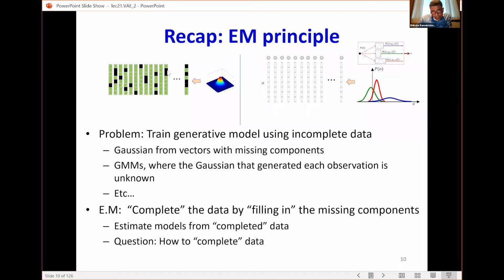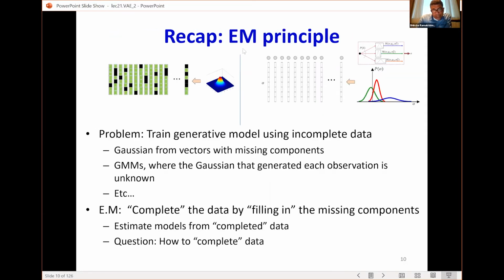So it would fill in these black values over here, or it would assign a Gaussian identity for every vector. And then once the data had been filled in, now we have complete data. And from the completed data, it's usually easier to estimate the parameters of the process.